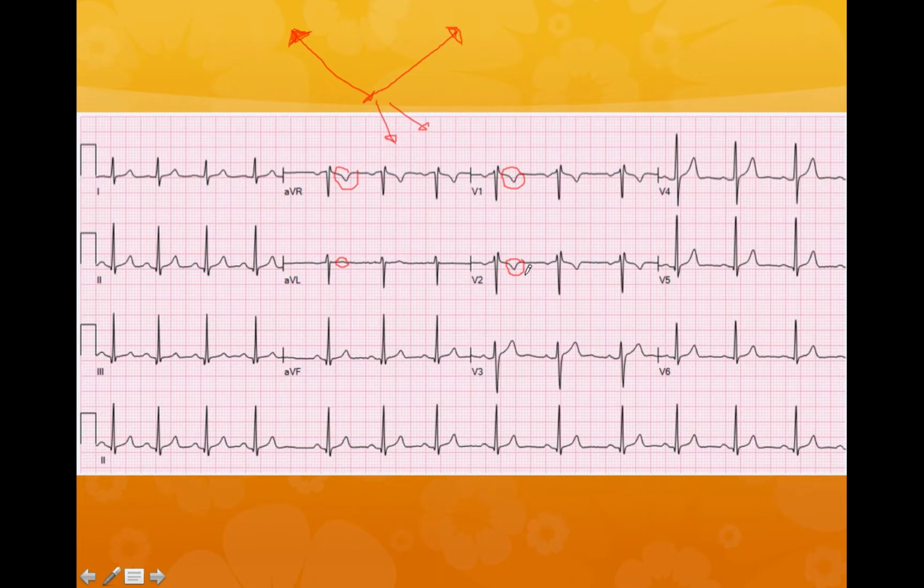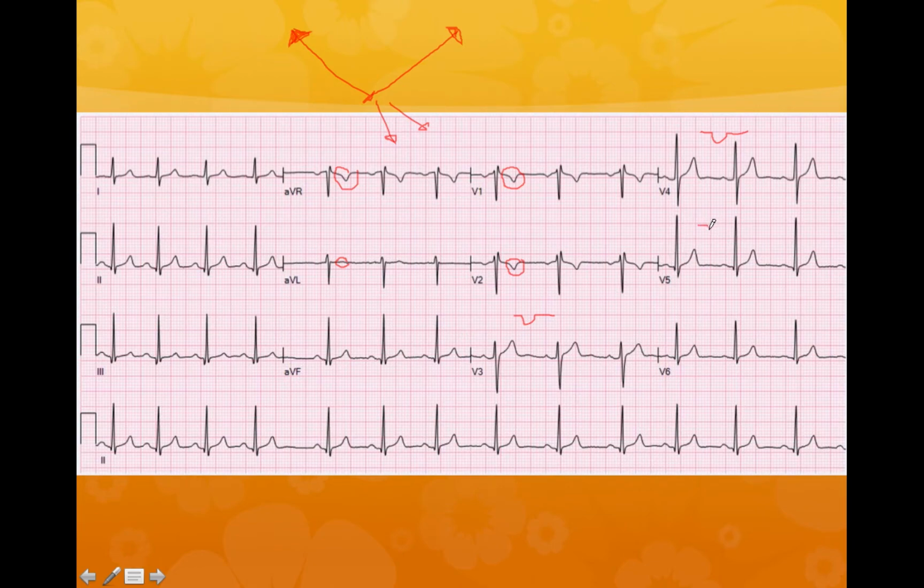So it's not something to be too concerned about if there's T-wave inversion in V2. However, if it extends beyond V2, so if you had T-wave inversion in V3 and V4, you would definitely want to investigate that. It can sometimes be a normal variant, but it would be something that you'd want to investigate.